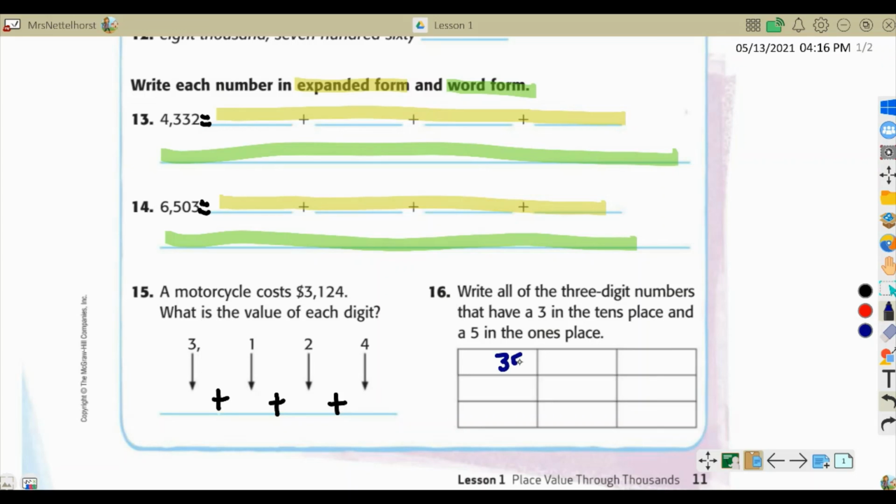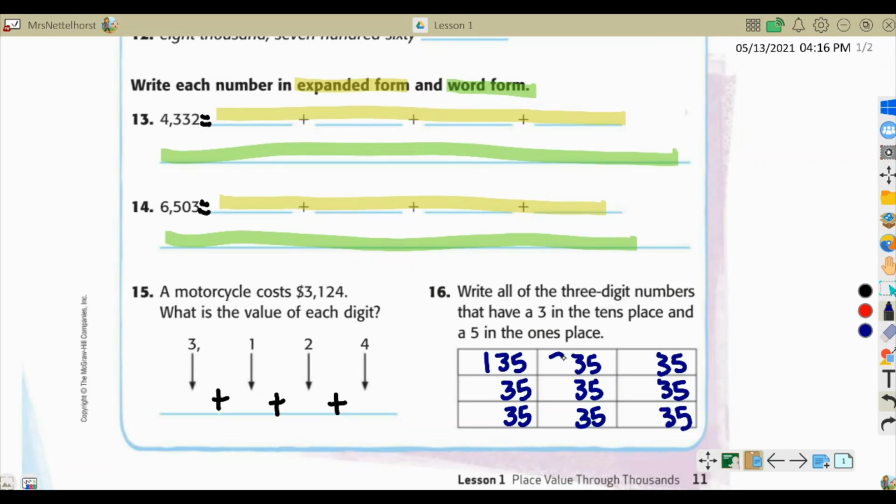So we're just going to put 3 and 5 in each of these boxes. All we have to do is put a digit for the hundreds place. So we can start with 1.